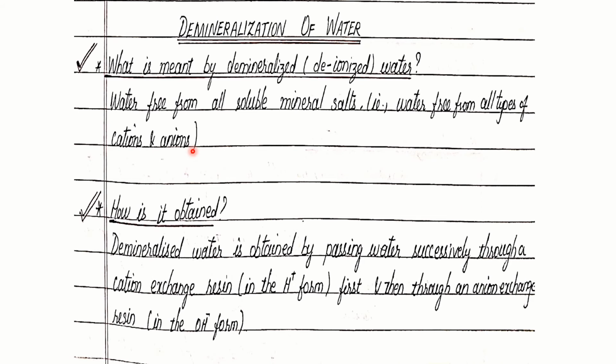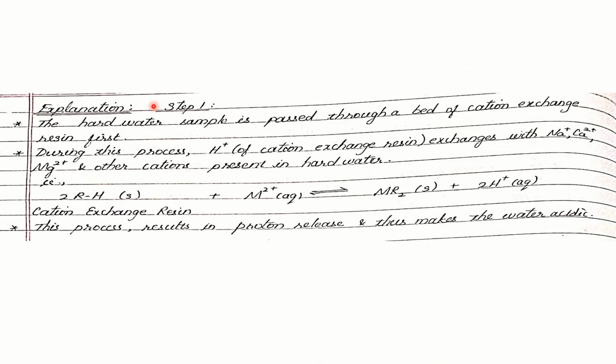Now, how can we prepare demineralized water? Demineralized water is obtained by passing water successively through a cation exchange resin first, which is in the H+ form, and then through an anion exchange resin, which is in the hydroxide form. Shall we learn how to prepare demineralized, in other words, deionized water by removing all cations and anions from it in 2 steps?